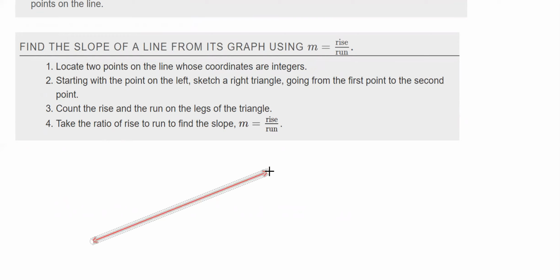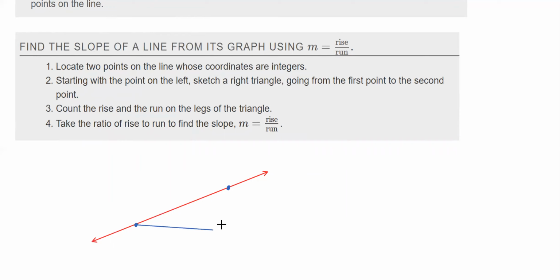Let's take this line, okay? This line slants like this. We want you to take good points. Again, I'm not drawing this on a grid, so you really can't determine what is a good point, okay? So what they're saying is get 2 points on the line and start with a point on the left, okay? Let's use this point. Sketch a right triangle going from the first point to the second point.